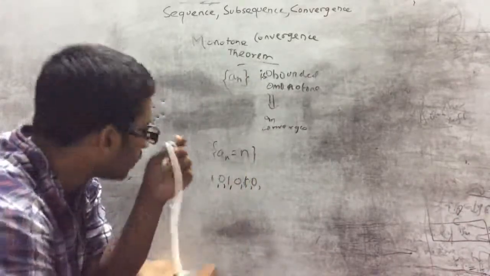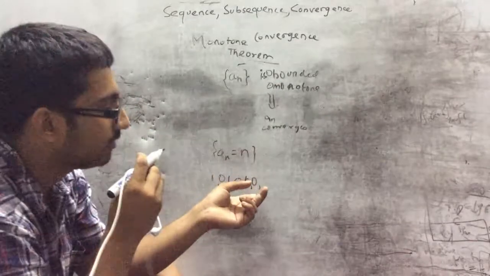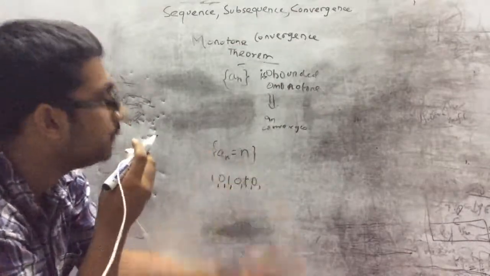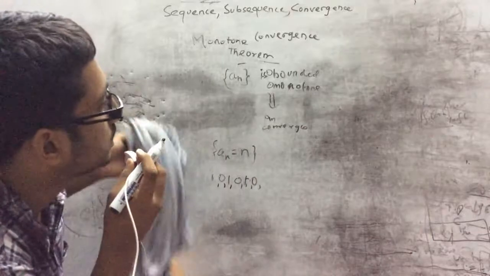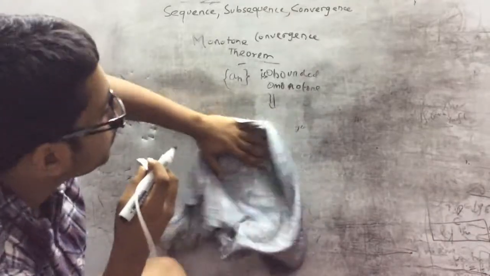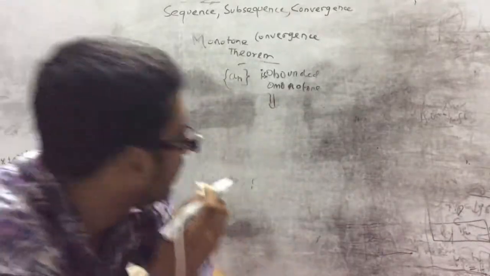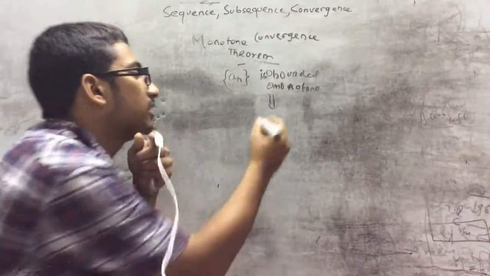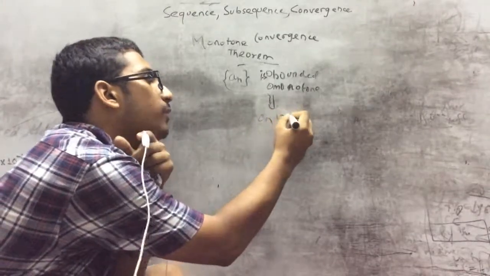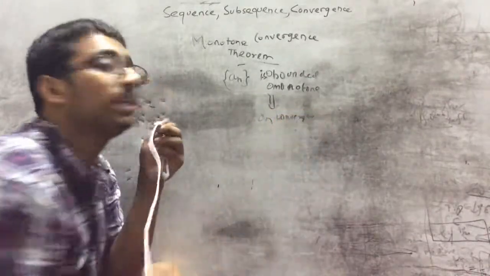See, it keeps occurring, and it doesn't have any limit, so it's not convergent. So now, a monotone bounded sequence converges, and now we'll see to what limit it converges.